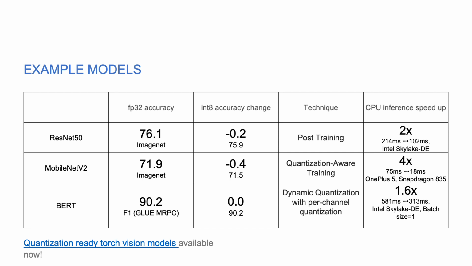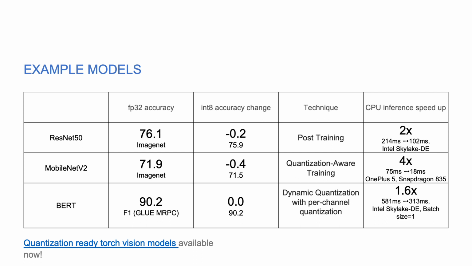And here, looking at what the performance looks like on a mobile device like a Snapdragon 835, we see that we can run inference in 18 milliseconds that would have taken 75 milliseconds. So that's almost 4 times faster. So that's pretty awesome. So you get 4 times faster, you get a quarter as much space, and you only have to give up 0.4 percentage points of accuracy.